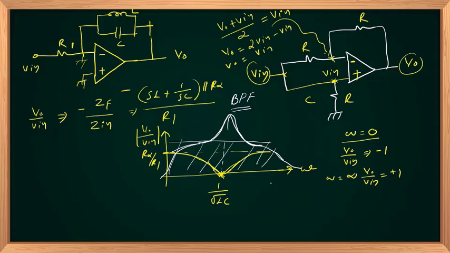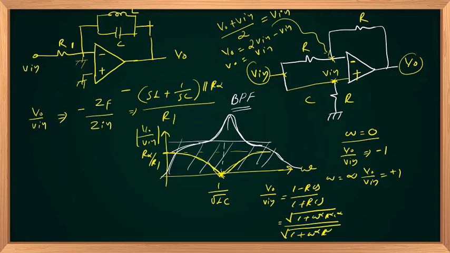If you are writing the transfer characteristics, the voltage gain V out by V in of the given circuit, you will get it as (1 minus RCs) upon (1 plus RCs). Its magnitude will be the square root of (1 plus omega square R square C square) in the numerator, upon the root of (1 plus omega square R square C square).